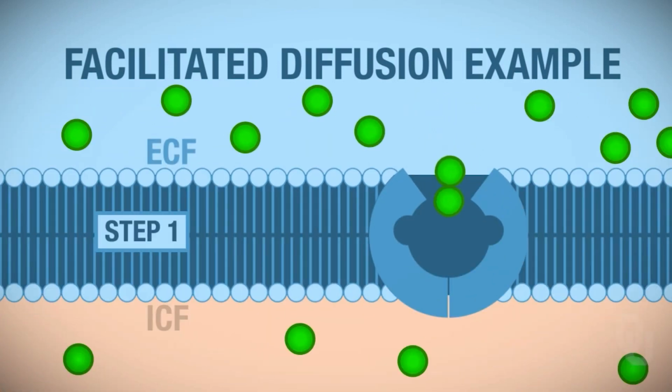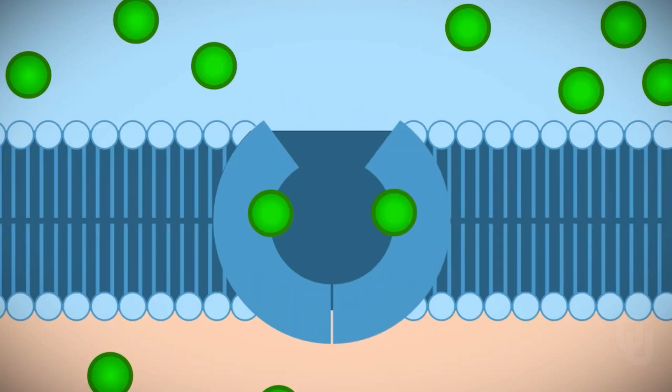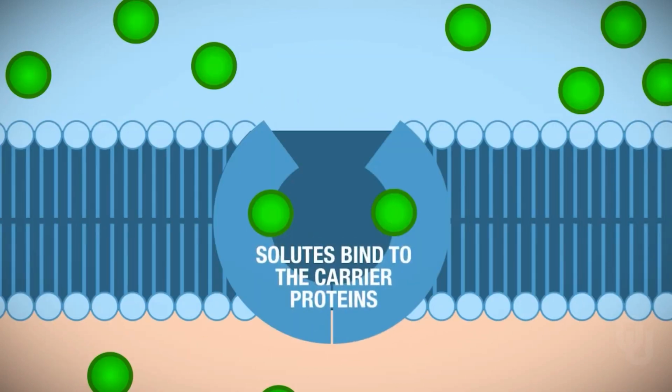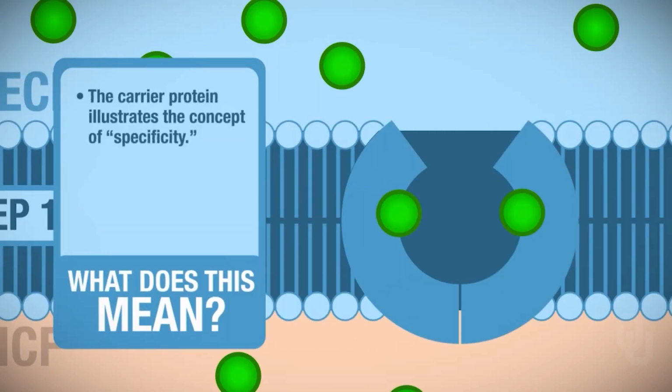So we need a carrier protein. That carrier protein will accept the solutes, or the solutes bind to the carrier protein, and look at the carrier protein. It fits perfectly with the solute. So what does it mean? It has a specificity.